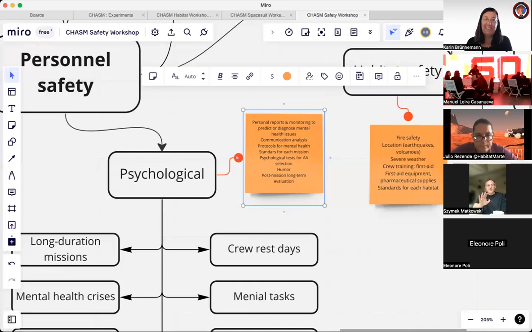Okay, so maybe I will just introduce myself. You can call me Simon, it's much easier to spell. I'm an architect, so I'm not a psychologist, but I implement psychology in the design. My goal here, in the second CHASM, is to make some emergency, really push people to the extremes, like organizing a fire alarm, but very harsh.